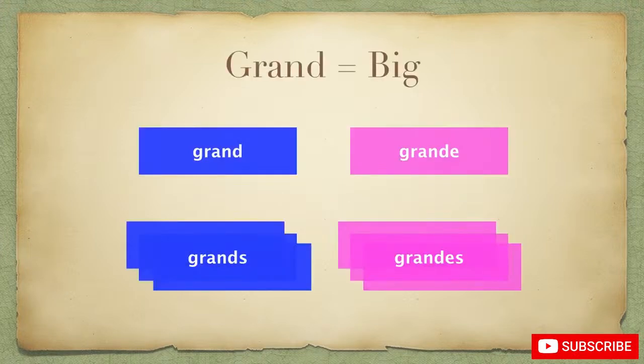So a good example is grand. Grand is masculine singular and doesn't have anything on the end. But for feminine, you would add an E, so grande, and then for the masculine plural, grands with an S, and then for the feminine plural, grandes with an E and an S. And please note that they all sound exactly the same, which makes it confusing, but it's easy when you're reading it.